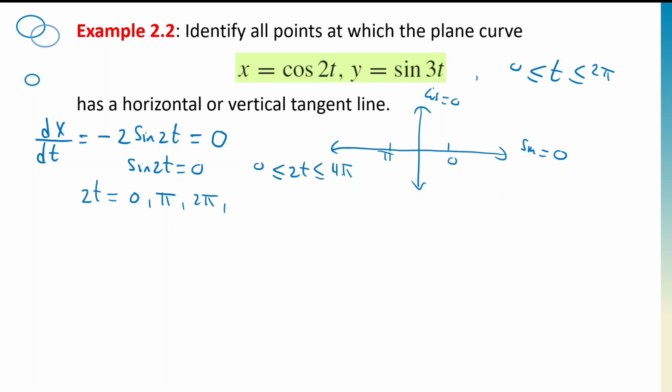So let's consider the angles up to 4 pi: 2 pi, 3 pi, 4 pi. I need t in the end, so I could write t equals, dividing everything by 2, 0, pi over 2, pi, 3 pi over 2, again 2 pi, and we continue.